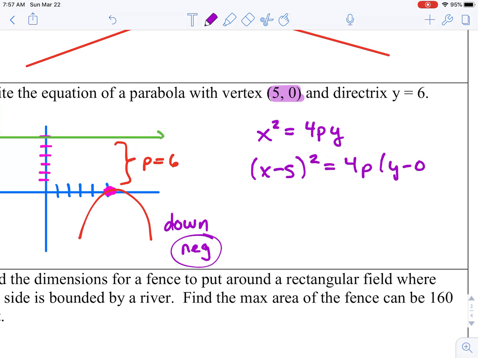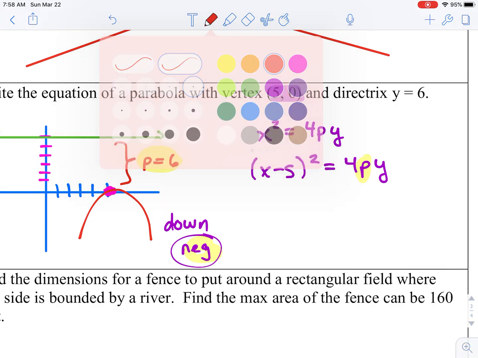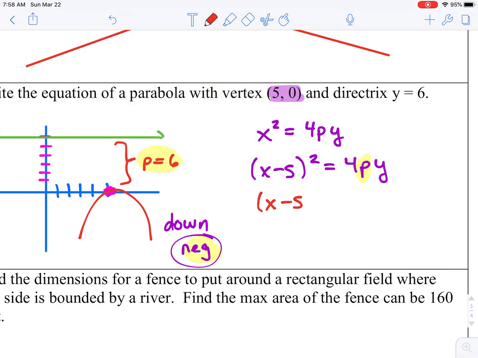And then instead of writing minus 0, you can just keep it as your y, so 4py. Our p-value is 6. We can put in our 6 here, but remember it needs to be negative, so we're going to multiply 4 by 6 and make it negative to be a negative 24.